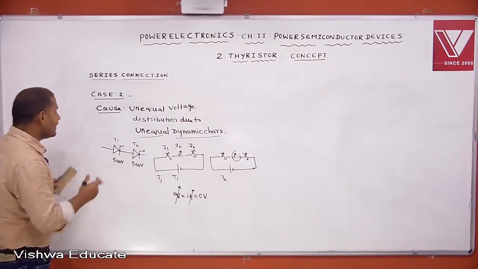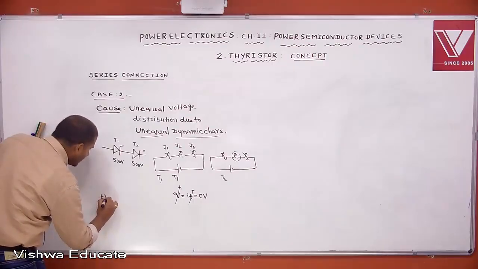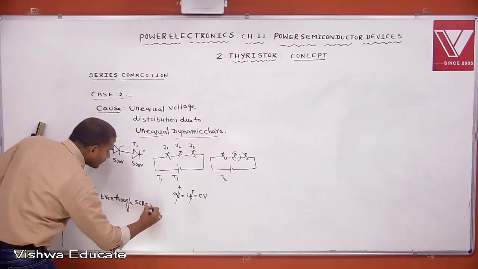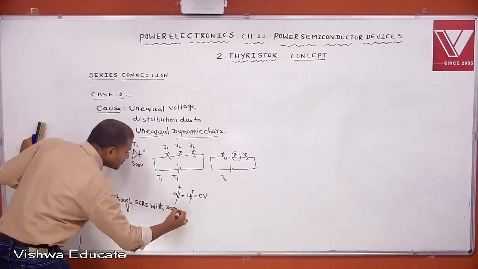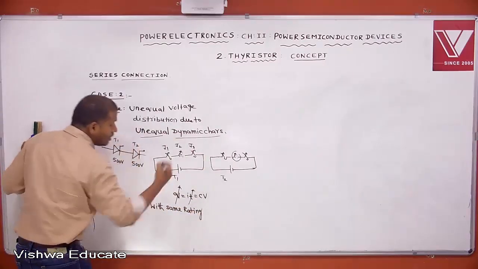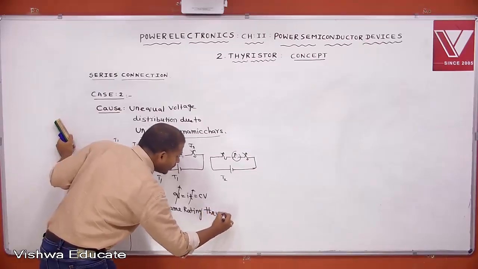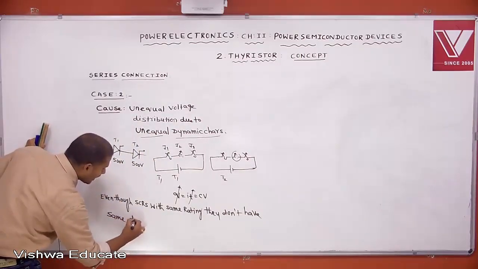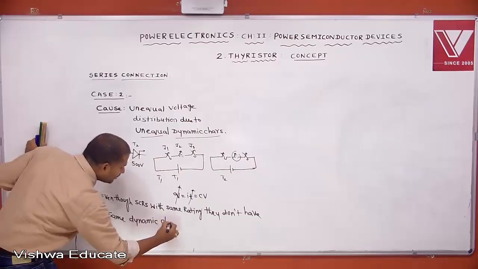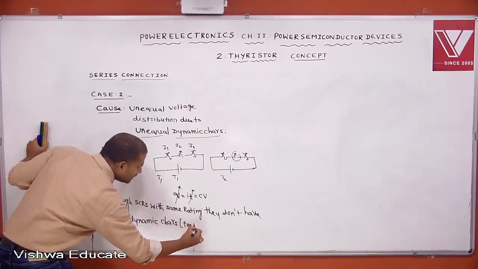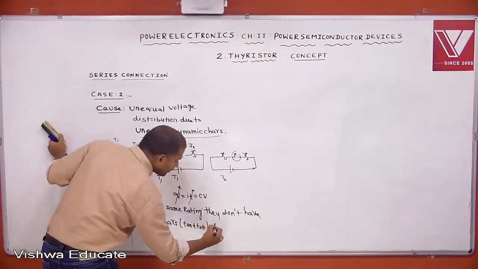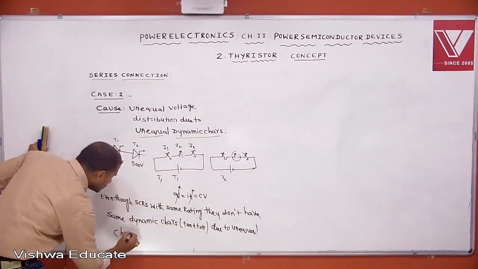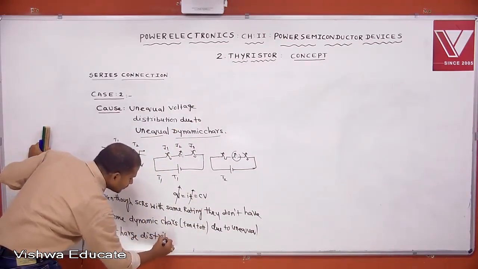Even though SCRs have the same rating and same specifications, they don't have the same dynamic characteristics, that is, T on and T off, due to unequal charge distribution across the junction.